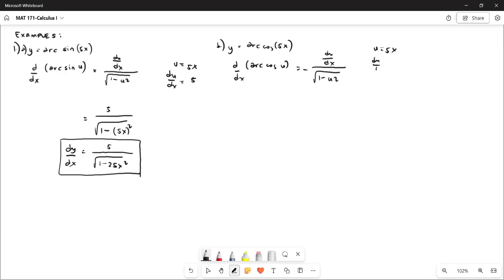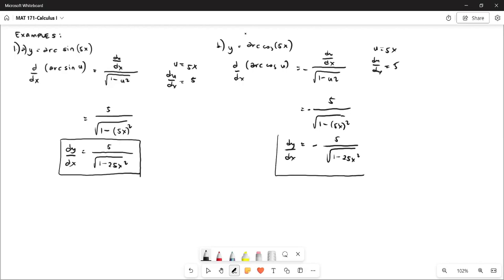Then, du over dx is equal to 5. Substitute the value, we have 5 over square root of, pero may negative yan, 1 minus 5x squared. Yan ay equal sa dy over dx is equal to negative 5 over square root of 1 minus 25x squared. So, ito na yung ating final answer for y is equal to arc cosine 5x, yung first derivative niya.